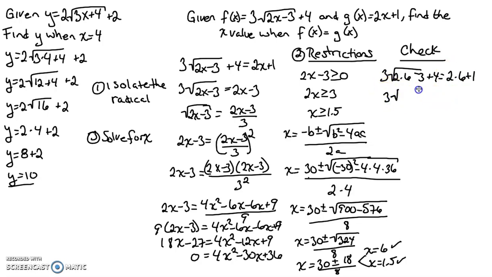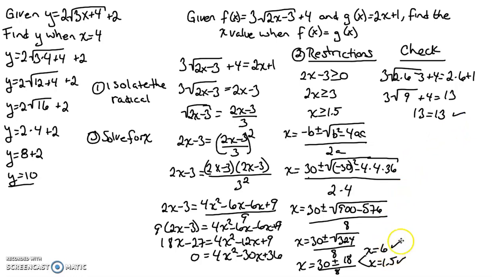This is 3 times the square root of 2 times 6 is 12, minus 3 is 9, plus 4 equals 2 times 6 is 12, plus 1 is 13. The square root of 9 is 3, so 3 times 3 is 9, plus 4 is 13. We end up with 13 equals 13. So this answer, x equals 6, works.